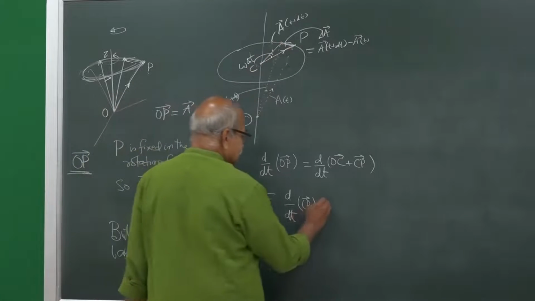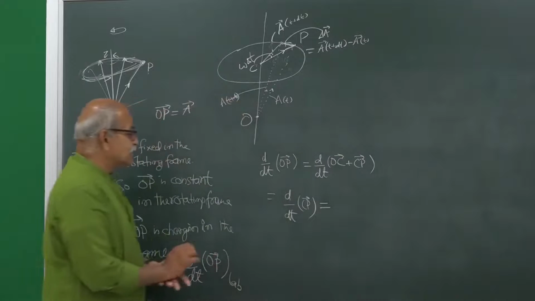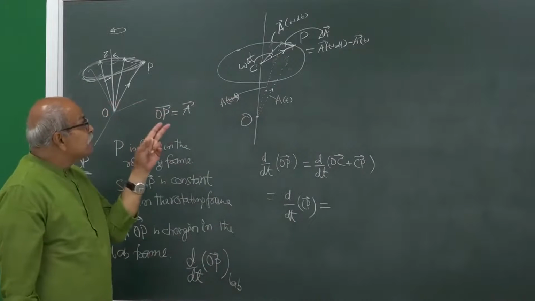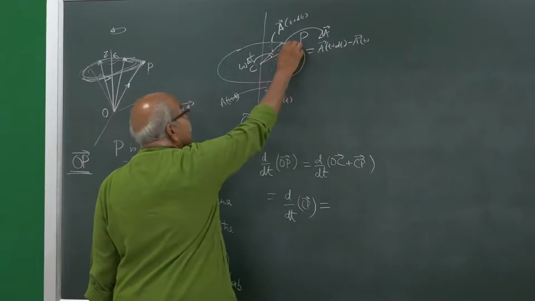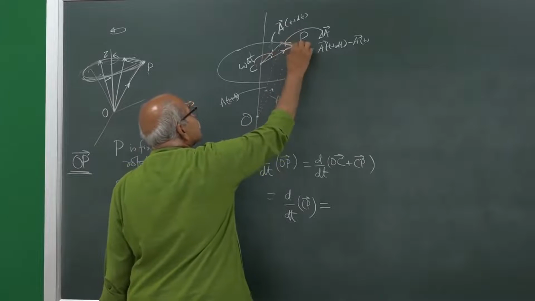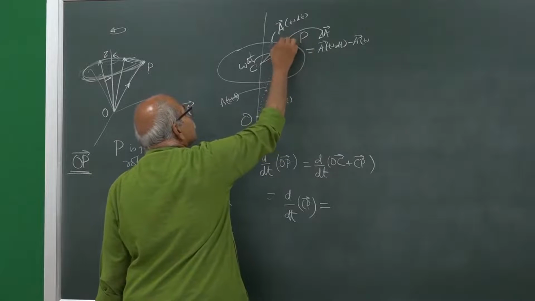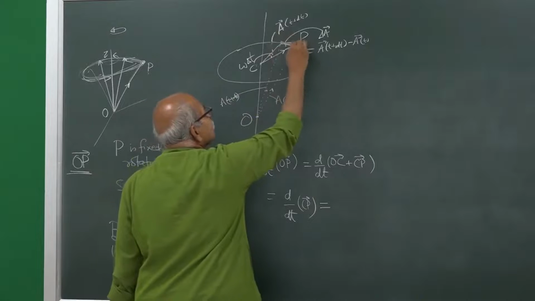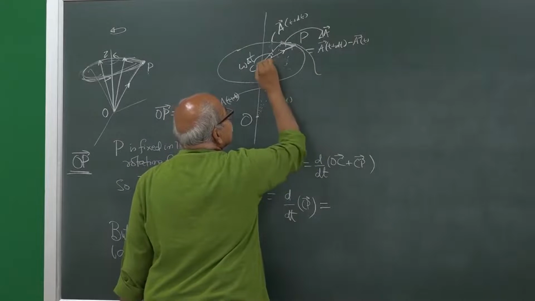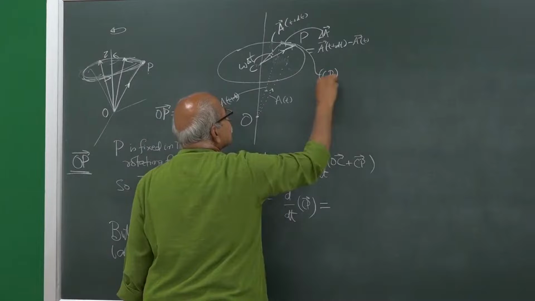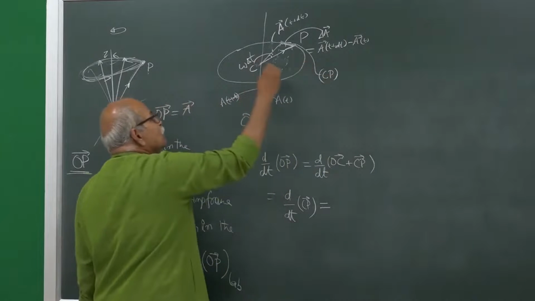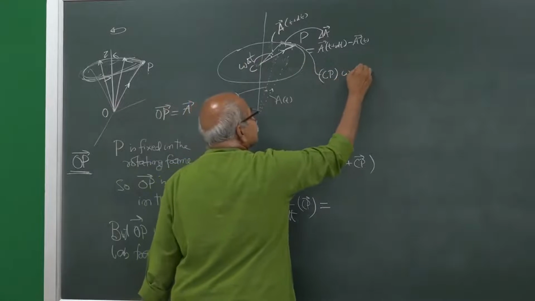Now, how much is this? What do I write for this? This is CP, and the d/dt of it is this one. And how much is the magnitude? This magnitude will be this length CP, which is fixed, times omega times delta t.